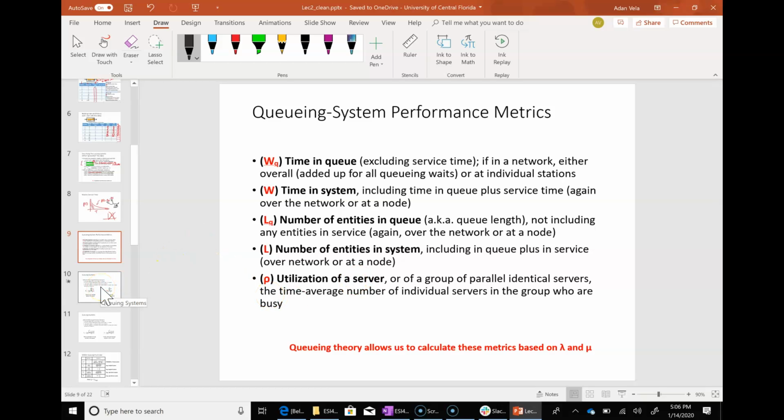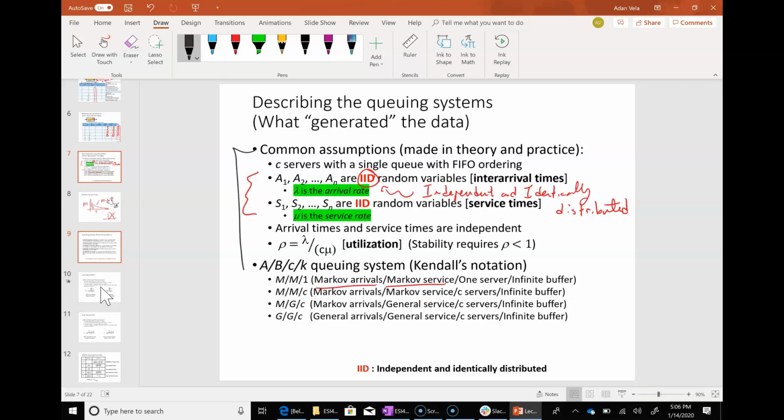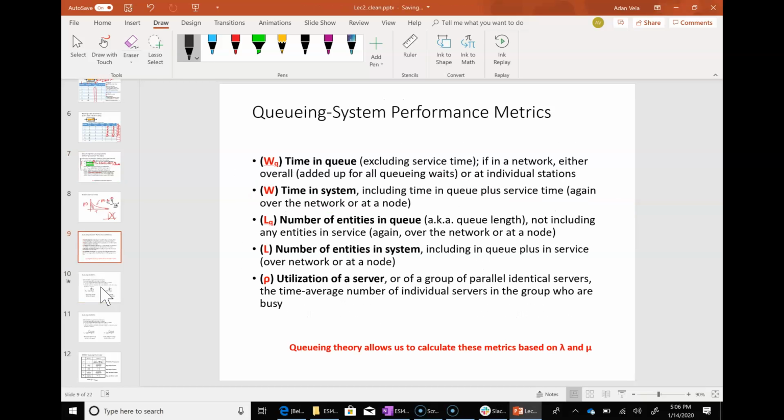All right. So queuing theory, the whole branch of mathematics, what it lets us do is, folks worked out equations to calculate these quantities based on given values of lambda and mu, and also the number of servers that you have in your system. Okay?